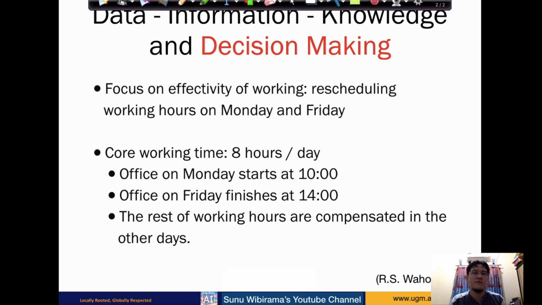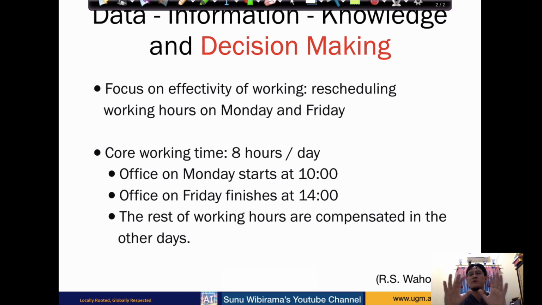So this is a typical use case or a case study of how you can create a wise decision from raw data. So you get the raw data from the attendance machines, like fingerprint machines, and then you get the information, the statistics of each staff.